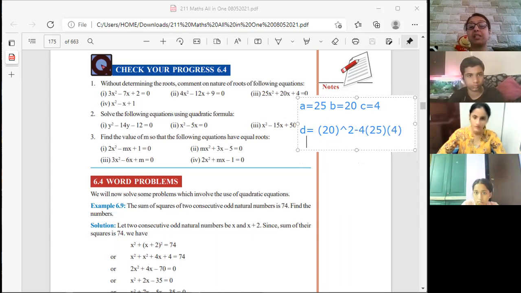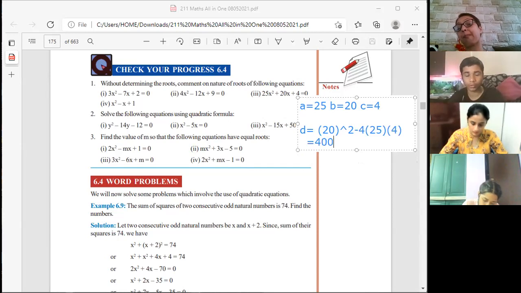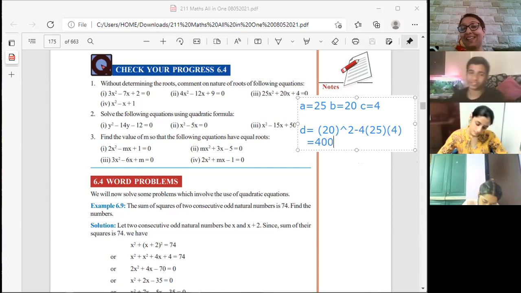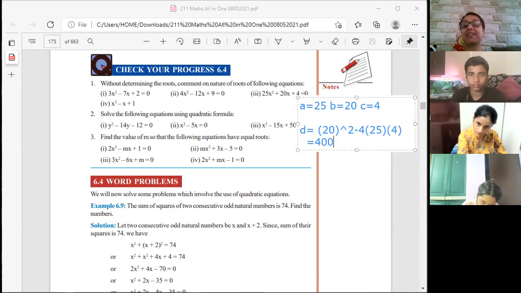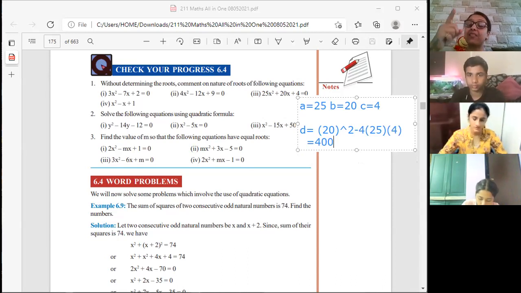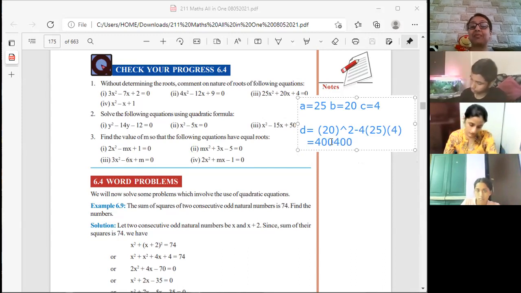Now tell me, what is 20 square going to be? Can I say 400? Yes. What is 4 multiplied by 25? 100. Correct? And what is 100 multiplied by 4? 400. So 400 minus 400 I'm going to get.